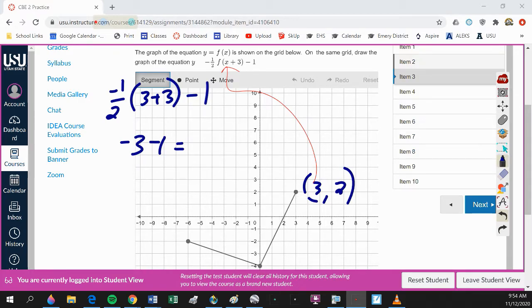Oh no. So we went left 3, upside down, and then half as tall. I ended up right there. Oh, down 1. So -2. So I should end up with -2.